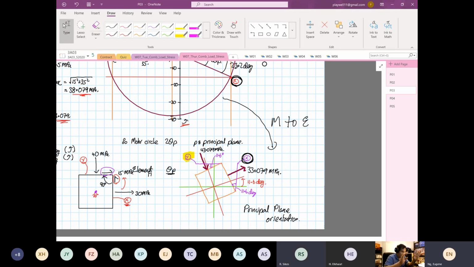Yep. Right. It's related to carbon fiber orientation, which I was teaching before in 3CO3. Carbon fiber can only withstand normal stress. It cannot withstand what? Shear stress.